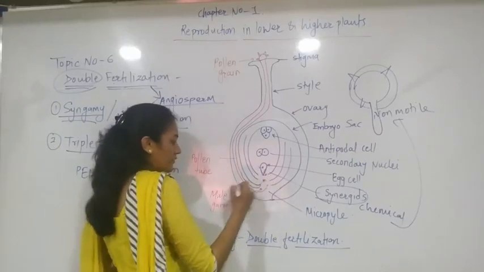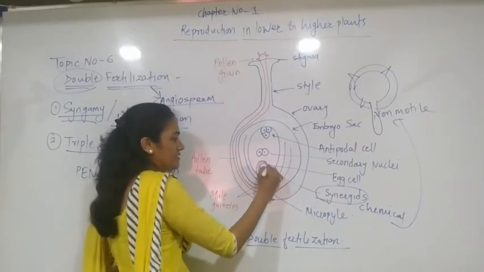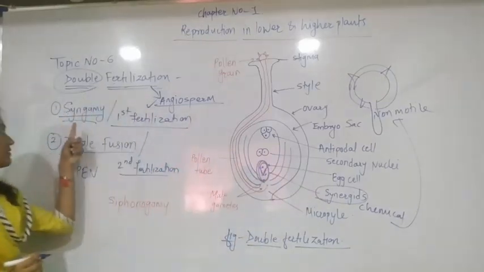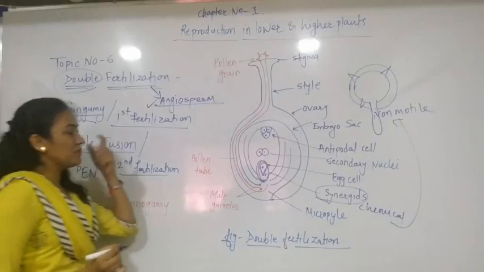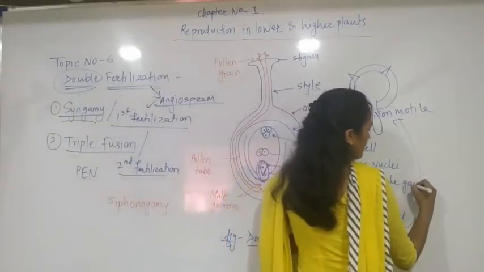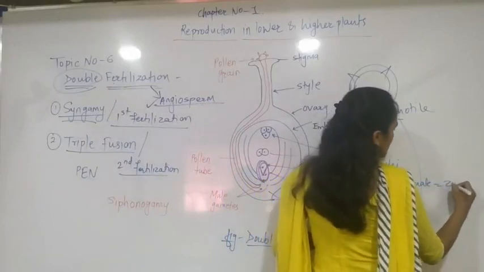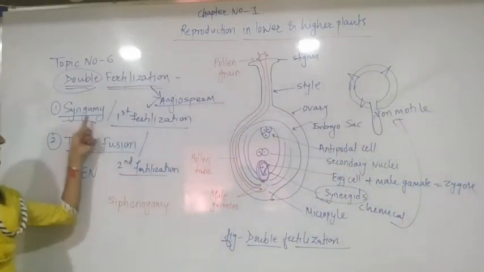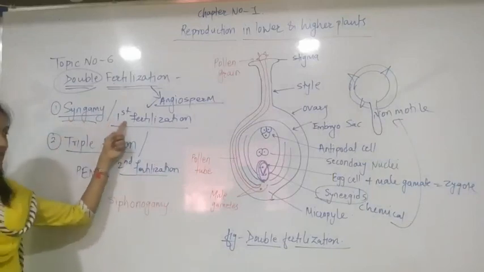Now the first male gamete fuses with the egg cell, and this is the first fertilization, called syngamy. So the first male gamete with the egg cell forms the zygote, and this process is called syngamy, the first fertilization.